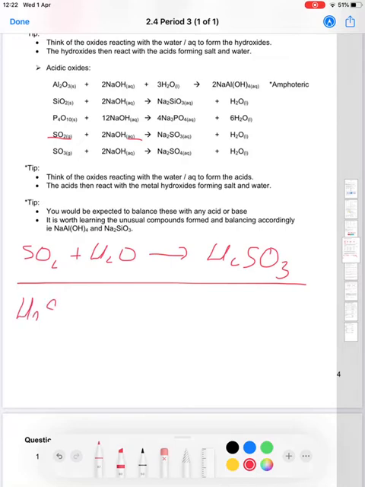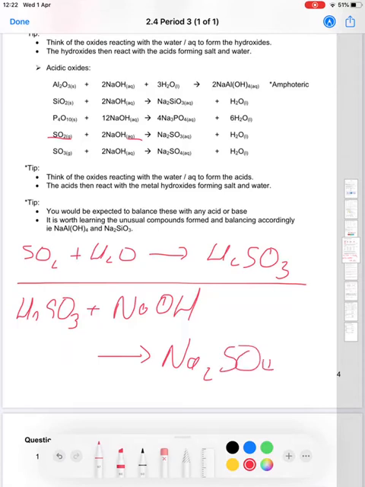So H2SO3 plus sodium hydroxide will form sodium sulfate and water.